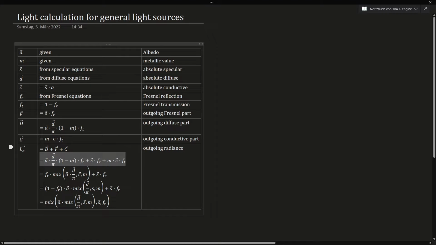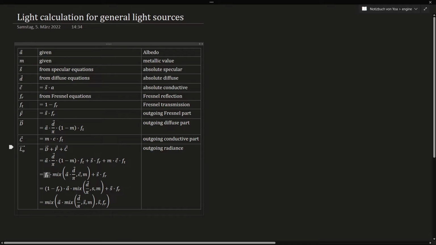First of all, we can see that here we have a product with 1 minus m, and here we have a product with just m, which means we can rewrite this as a mix function, which means we mix A times D over pi with this C here by m, and as both of these products multiply with FT here and here, we can just factor that out in front of the mix function.